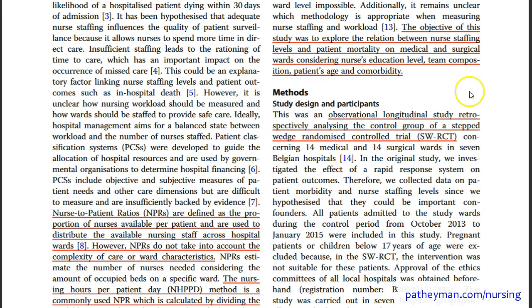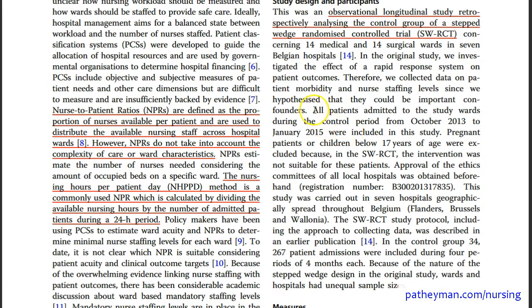Then we have the population of interest, and the population of interest in this case says all patients admitted to the study wards during the control period from blah, blah, blah, blah were included in this study. So if there was any patient who was admitted to the unit that was being studied, then they were included in the study during those timeframes.